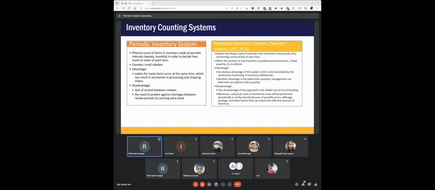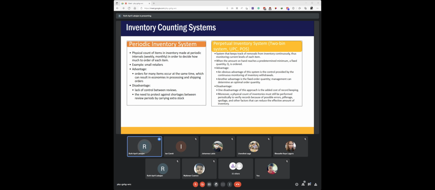Or even ginagmay na mga companies. Okay? Pero what is really common nowadays is what we call as perpetual inventory system. Like the two-bin system, the universal product code, then the point of sale system. So basically, perpetual inventory system, from the word perpetual, this system keeps track of removals from inventory continuously.